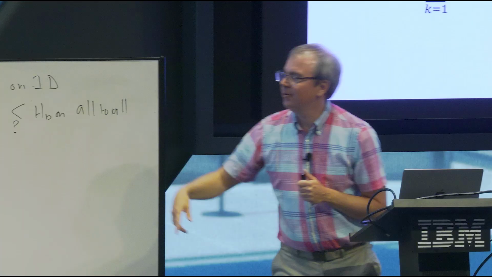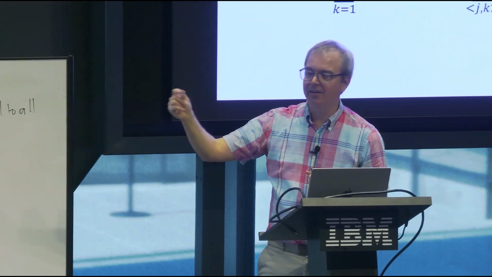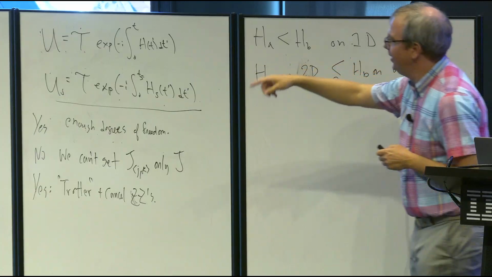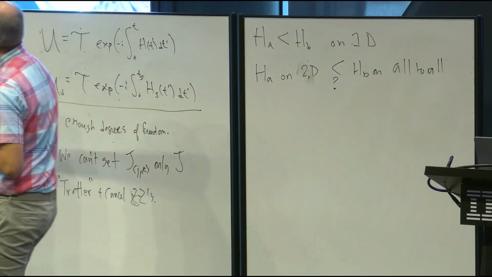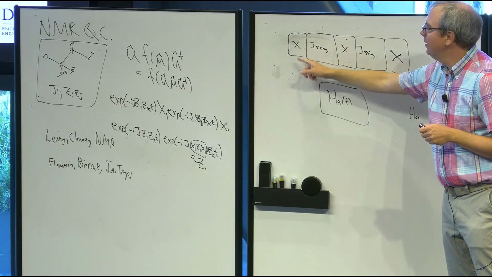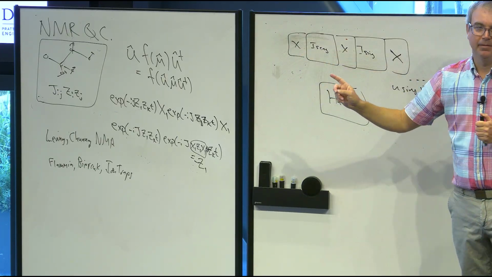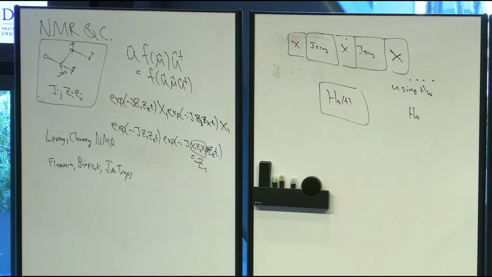We just make our lives easy for this morning. It's a great question, because the assumption I made here is that I can really turn these things on or off. Or in the case of NMR, you can make B way stronger than J, and so you can run B in a time where J effectively does nothing.